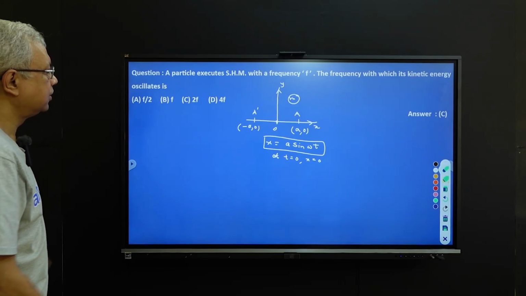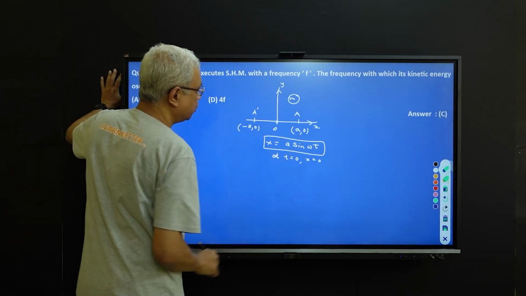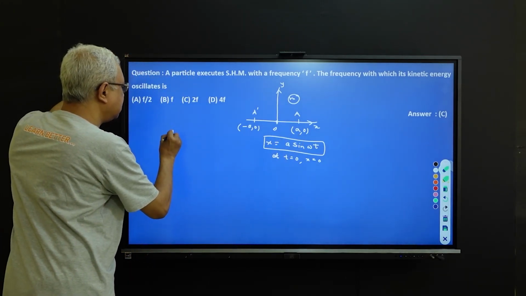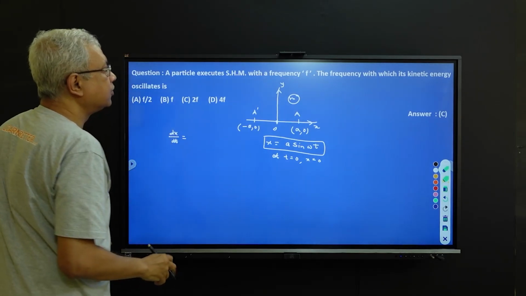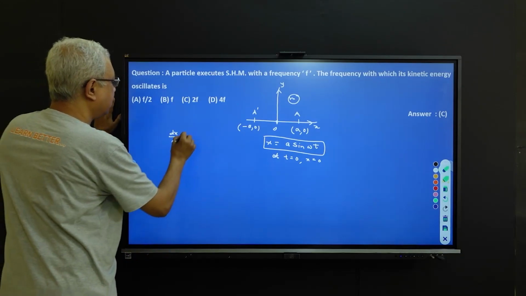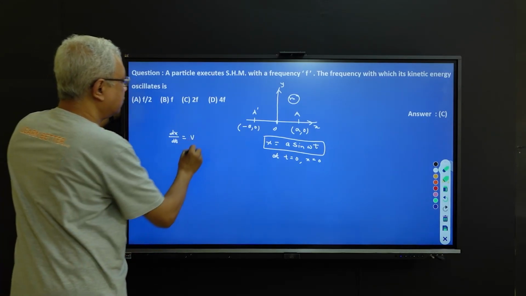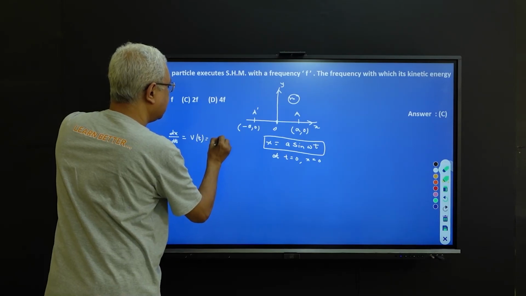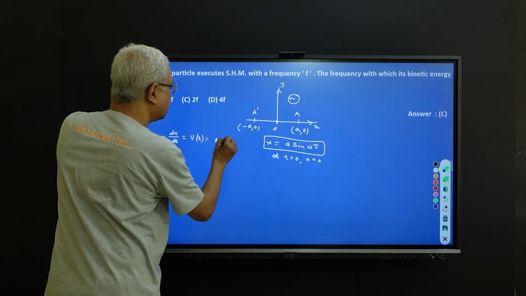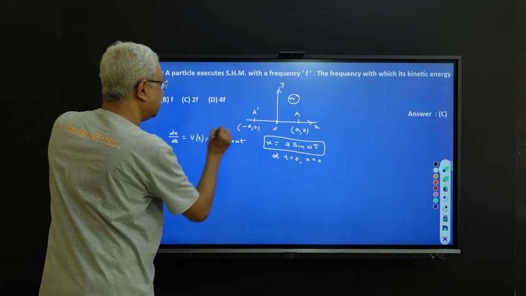So this is the equation of motion, you can say. So dx/dt is the velocity of the particle, which is a function of t, is a omega cos omega t.